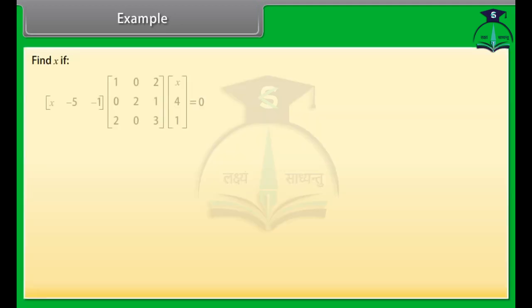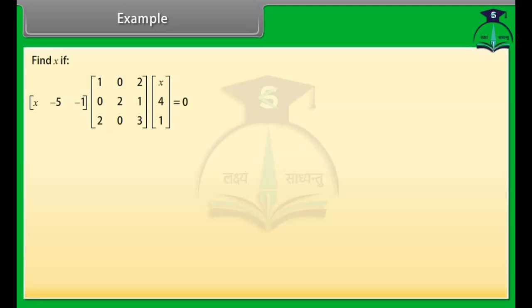Example. Find x if [x −5 −1] multiplied by the matrix with rows [1, 0, 2], [0, 2, 1], [2, 0, 3], multiplied by the column matrix [x, 4, 1] is equal to 0.